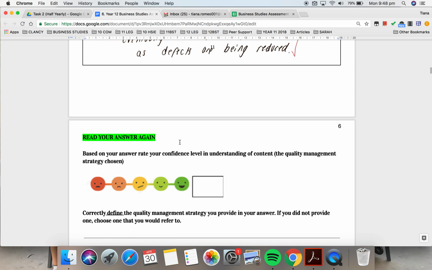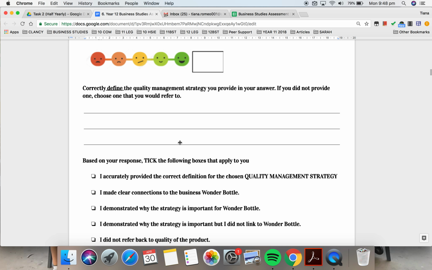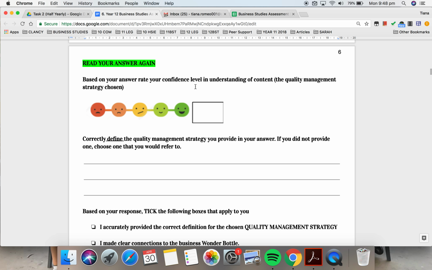Now I want you to read your answer again, and then you're going to complete the following. The first is, based on your answer, rate your confidence level in understanding of content. Okay, so when you looked at this question and you read your answer now, did you know your content? Did you refer to quality assurance, quality control, or total quality management?